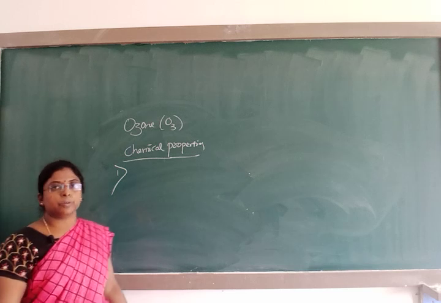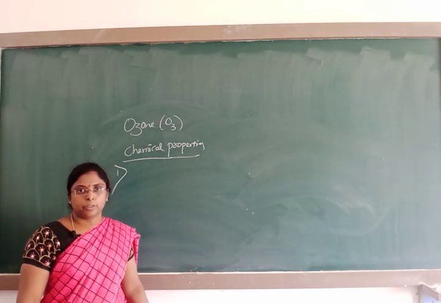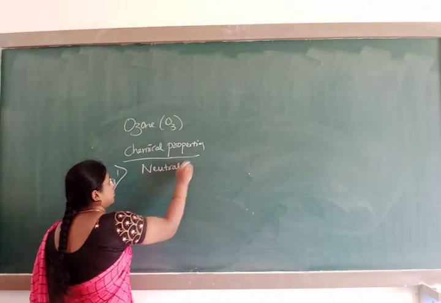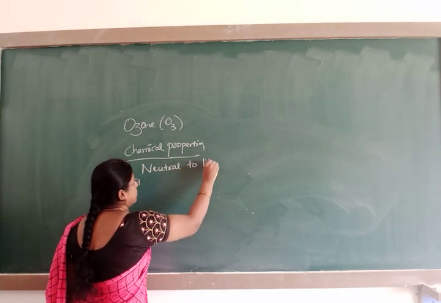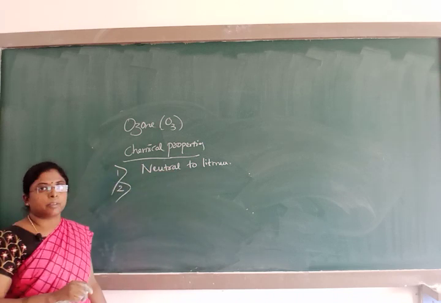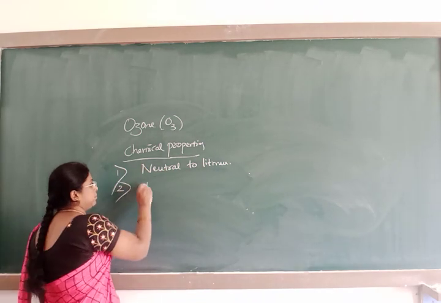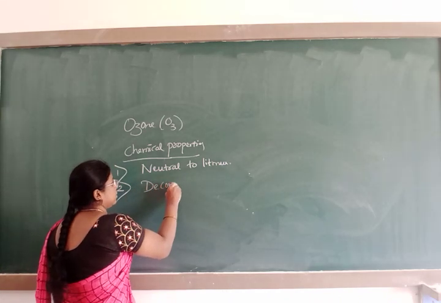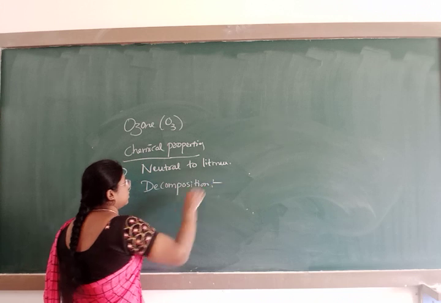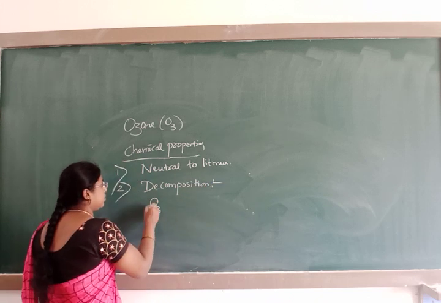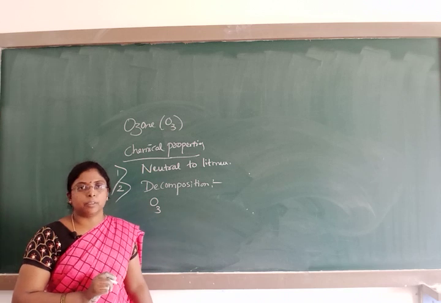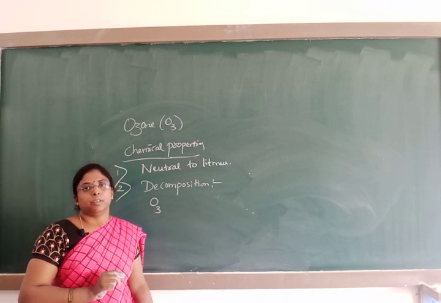Here, ozone is neutral to litmus. Second comes the decomposition. Generally, ozone decomposes even at room temperature, but the decomposition is very slow.